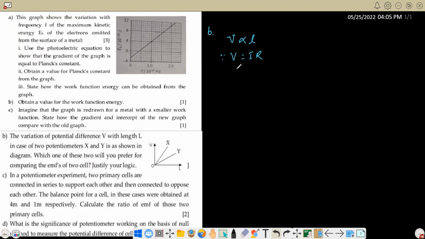So I लाई हामी V equals to okay, so यो I लाई र R लाई मिलाएर लेखौं। R को सट्टा हामी ρL by A लेख्न सक्छौं। यहाँ I छँदैछ र पोटेन्शियोमिटरको प्रिन्सिपलमा what we keep constant is nature of the material of the wire constant. Okay, area of cross section constant, current ko value constant huncha. So if we use all these things as a K, and this is going to be proportional to L.